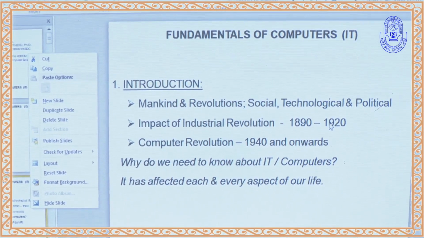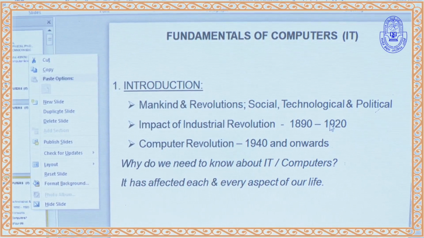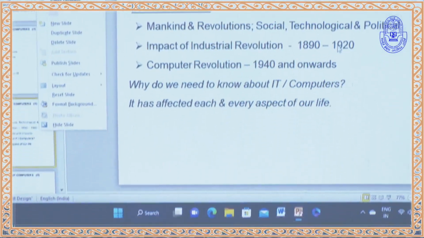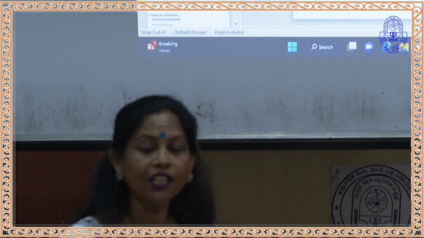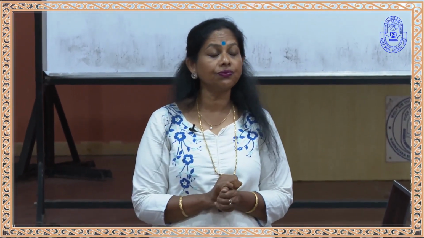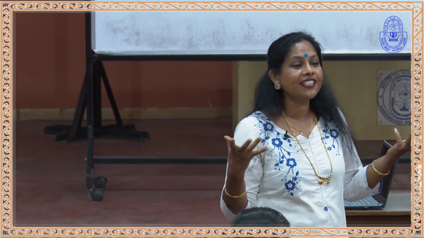You have that in your syllabus. What the first, second, third and fourth generation computers are made up of, if you know this, you can easily answer. So, why do we need computers? Anyone? To make our life easier and simpler.